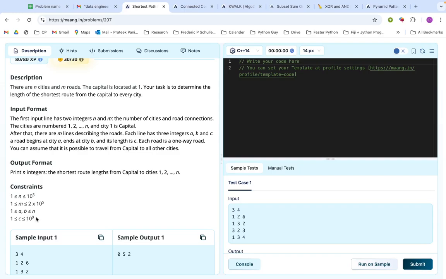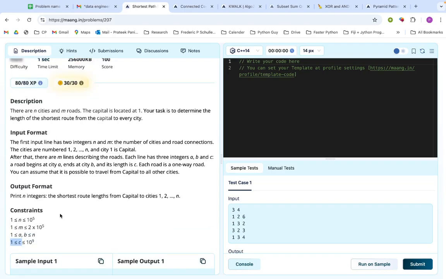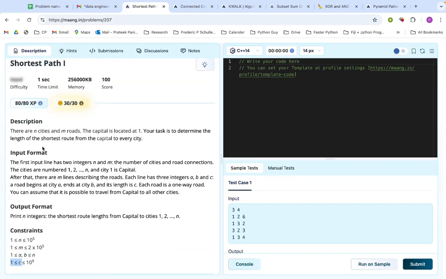Okay. And one thing we have already said is that the weights are non-negative. So the n cities and m roads can be modeled as a graph, and there is a standard graph problem wherein this boils down to the single source shortest path problem.